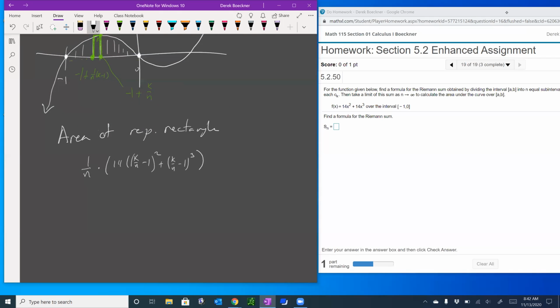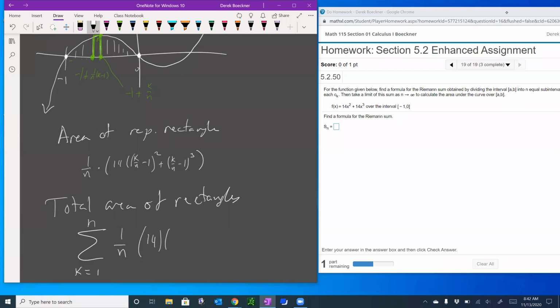So our summation, total area of the rectangles, sum over all the rectangles, they start at 1 and end at n. I got a 1 over n. I've got a 14.